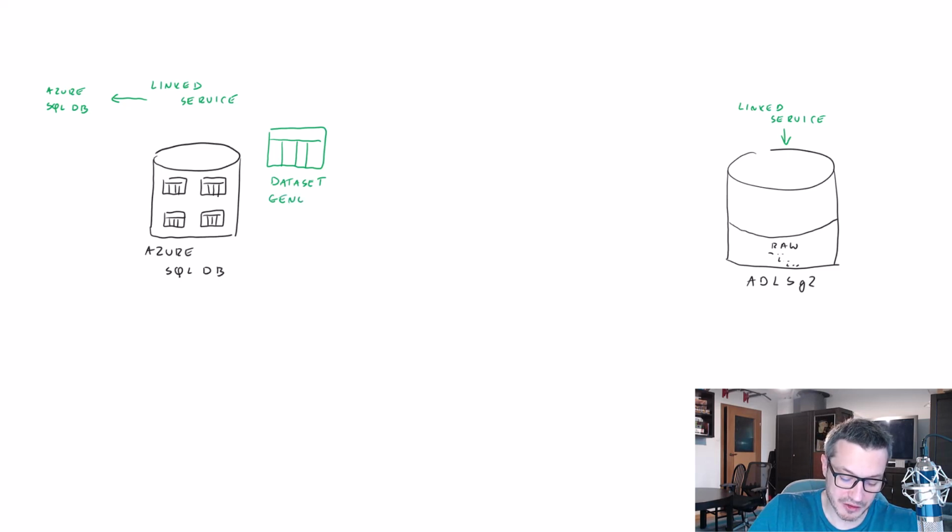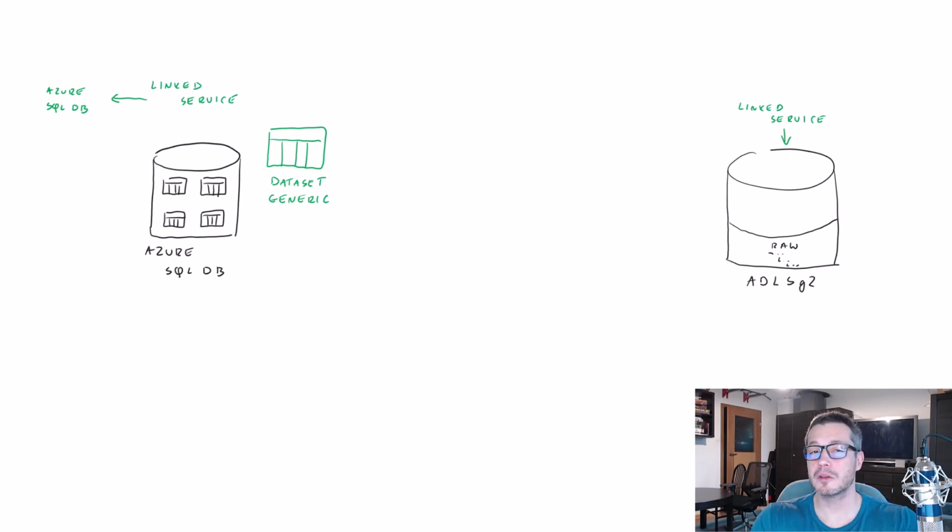So we want to have a generic dataset in which we will tell ADF, hey, dear ADF, this dataset will be used to represent some data read from Azure SQL database. But at this moment, at the design time, we don't know what table it will be or what query it will be.